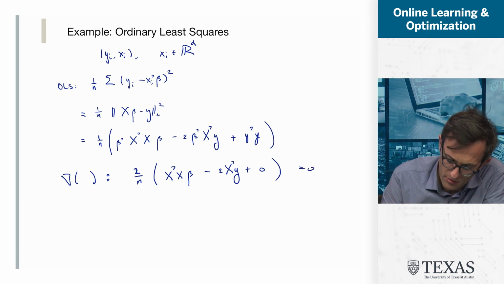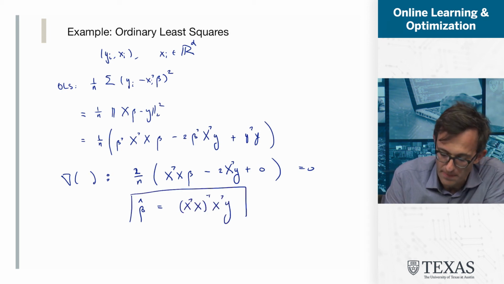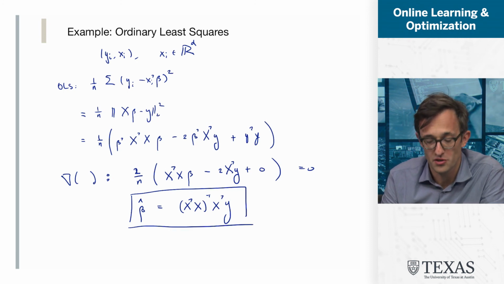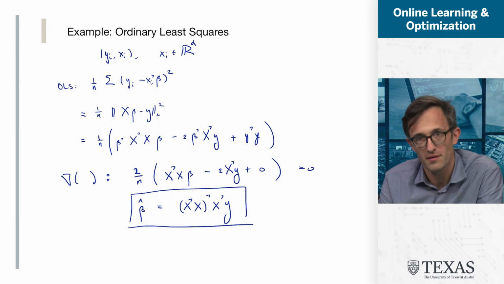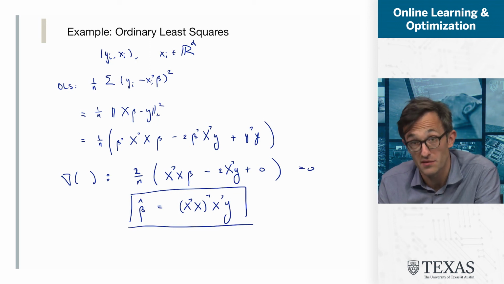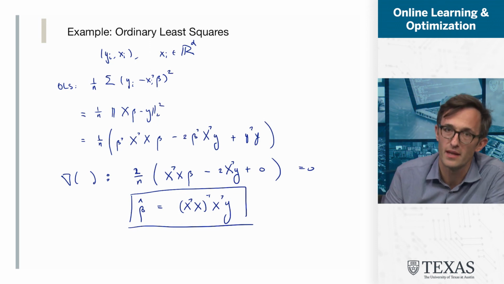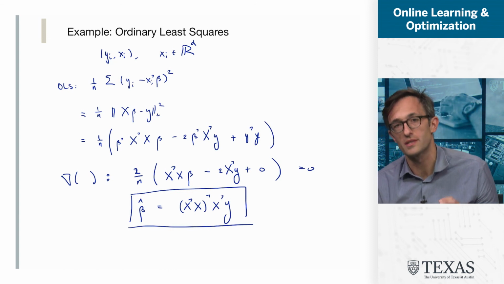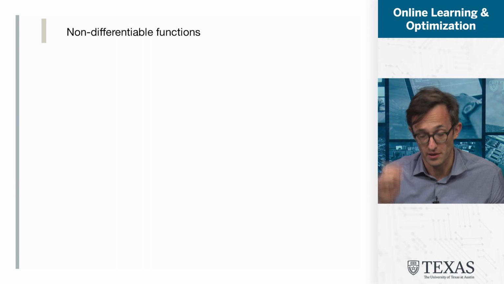Set this equal to 0, and I get that beta hat is equal to x transpose x inverse x transpose y. These are our familiar normal equations. These are the easy cases. This characterization, just like in many problems from when we learned calculus, is enough to solve the problem. That's not going to be the case for most problems we care about, but it is still very useful to have a characterization of what an optimal solution is.